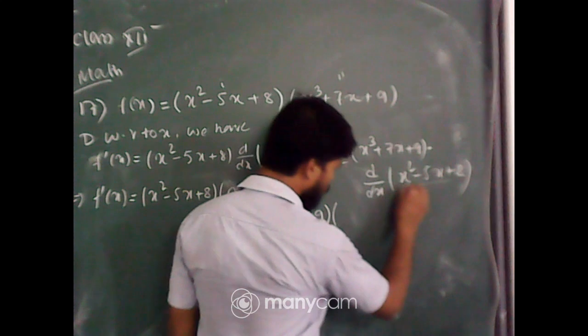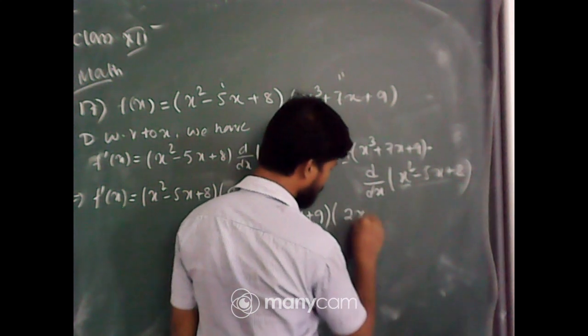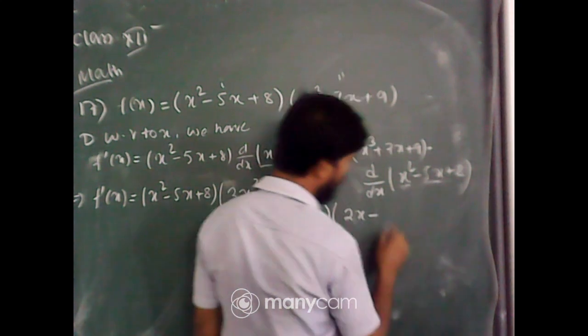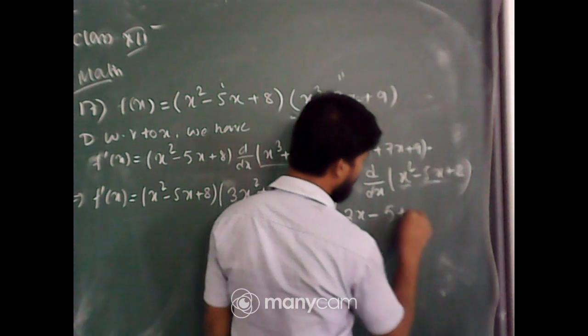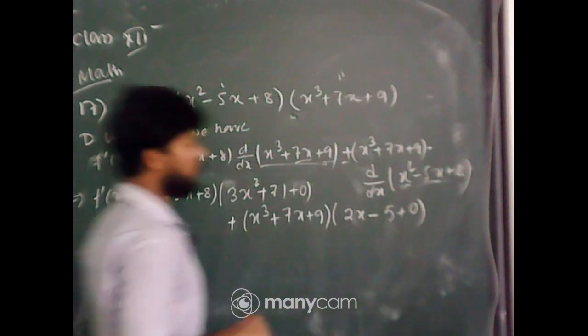The derivative of x square is 2x, minus the derivative of 5x is 5, and the derivative of 8 is 0.